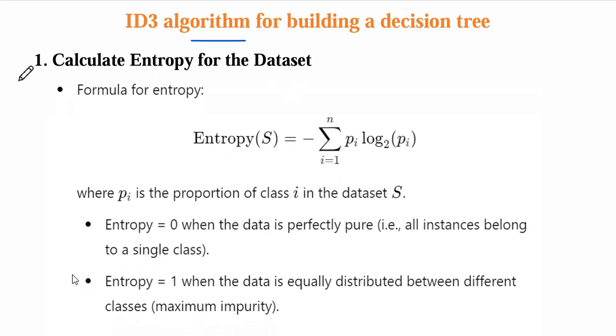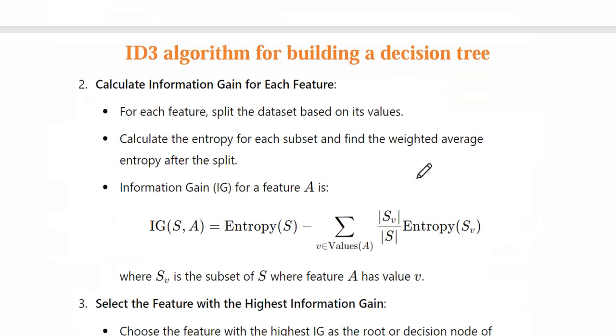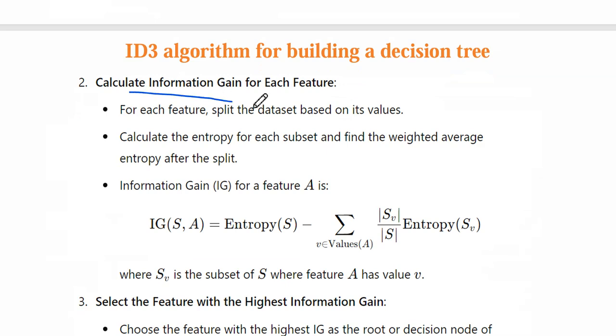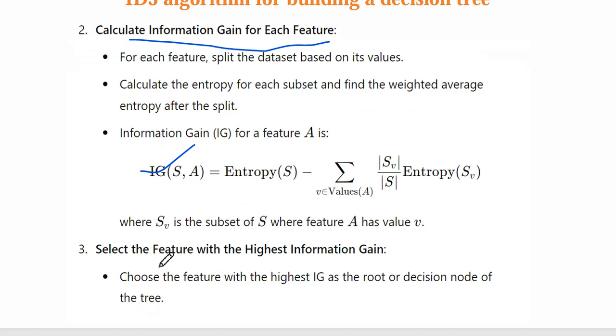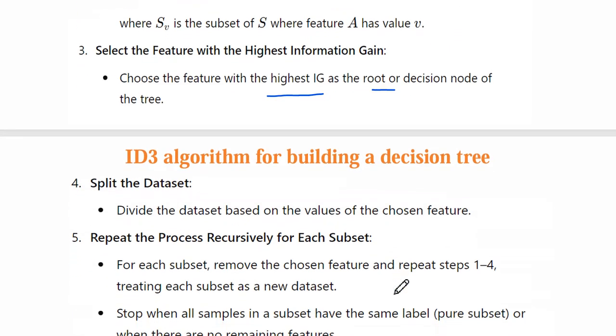First, we have to calculate entropy for the entire data set by using this formula. Hope you know how to calculate entropy. Then we have to calculate information gain for each feature by using this formula. After calculating the gain for each feature, the feature having the highest information gain becomes a root or decision node.